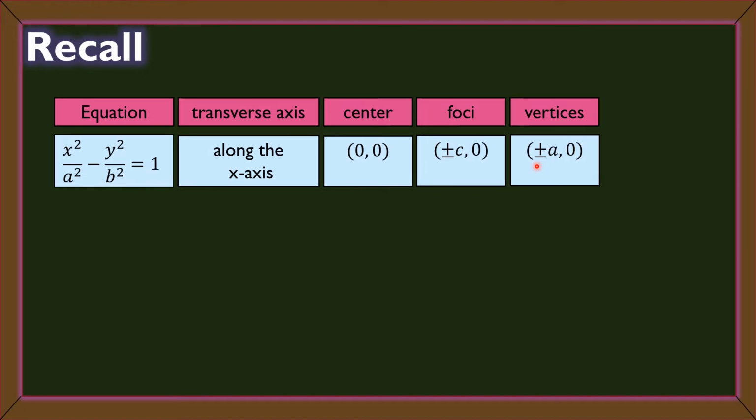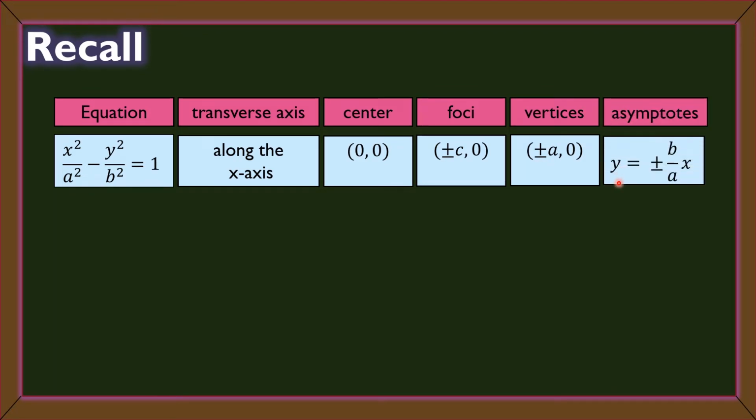And since the hyperbola has asymptotes, the equation of the asymptotes is y equals plus or minus b over a x.